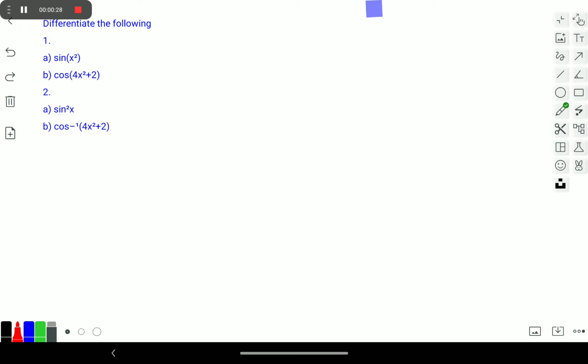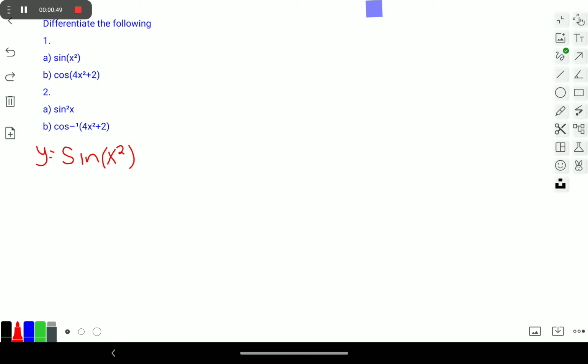So for this one, you see that sin x squared is a function, but still is containing another function.